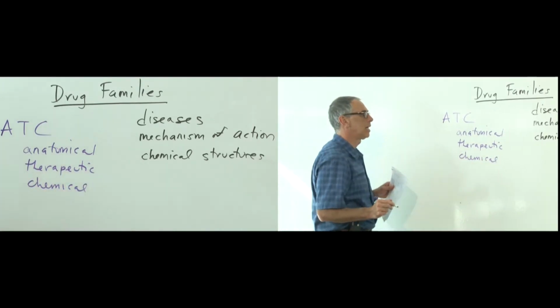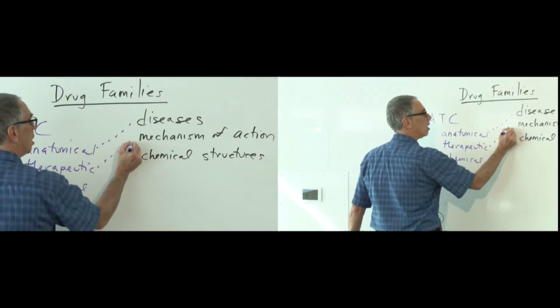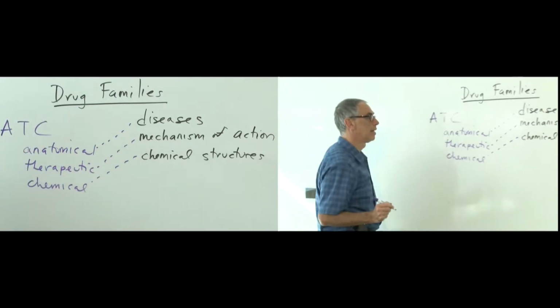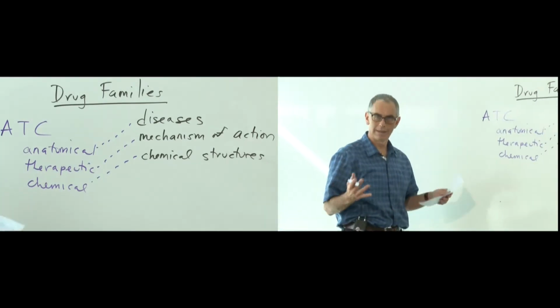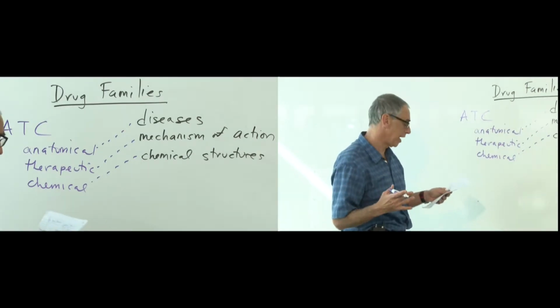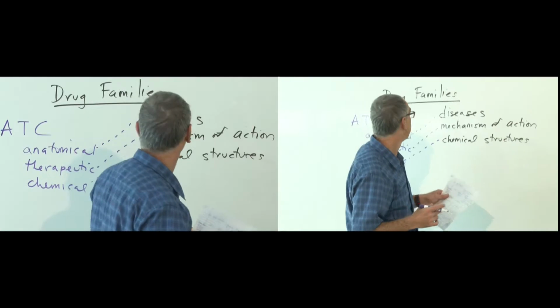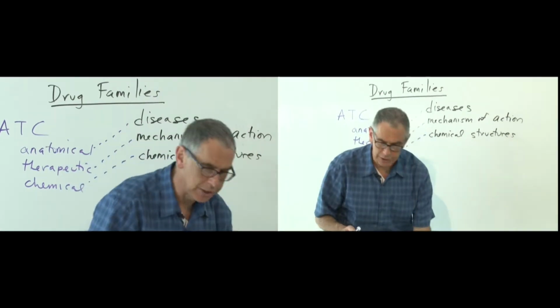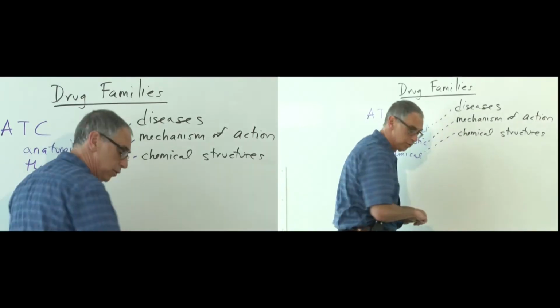And these actually kind of map to these three ideas. And so the ATC is a well-established way to classify and group together drugs. And I want to give you an example of one such categorization. I'll do this in black.